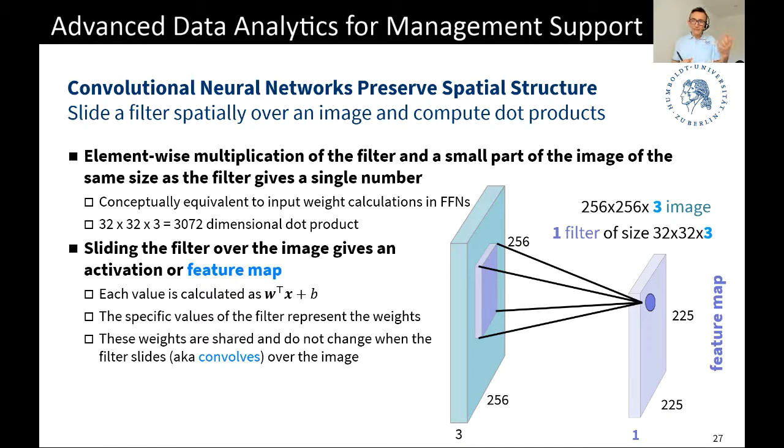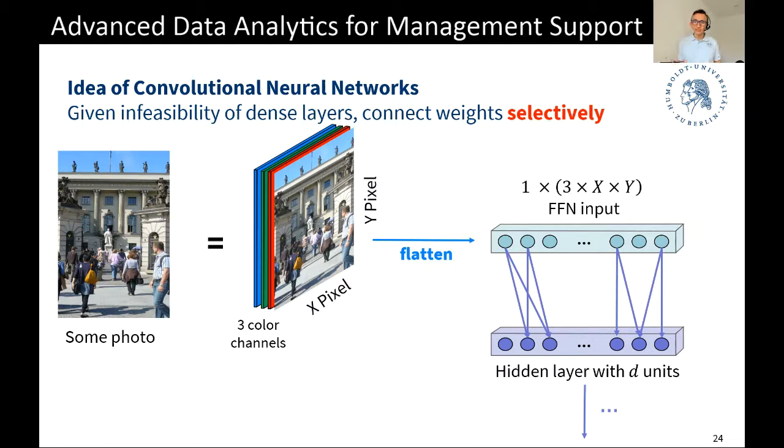Earlier I said we connect inputs selectively. That was the intuition I was providing you. Let me go back there. Here. That was the intuition. We collect input to hidden units selectively. And the purpose again was to give you an intuition. And now you know, well, that's not 100% accurate.